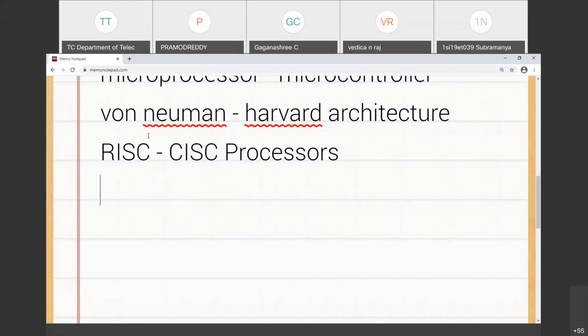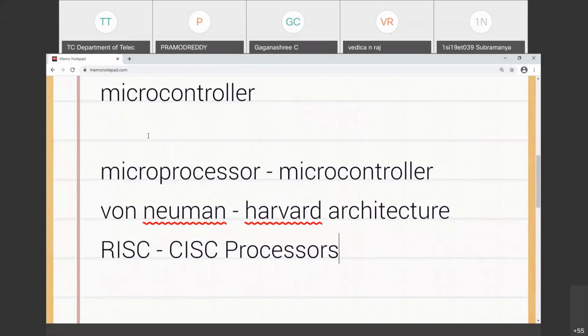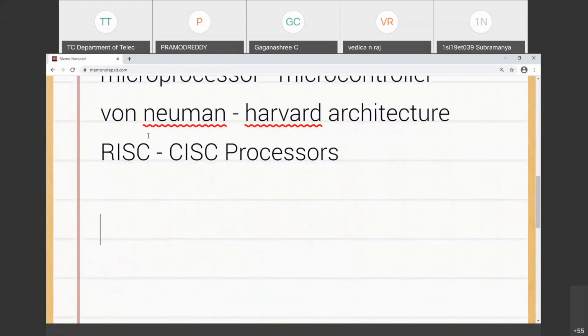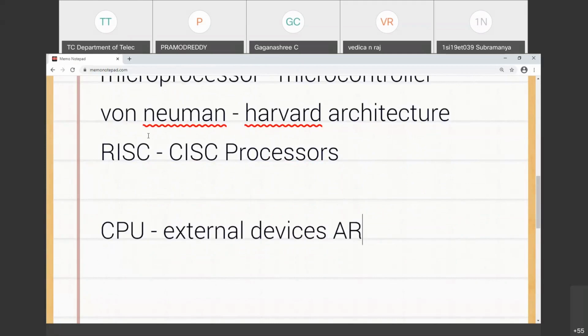Now, all these things are known to us, so there is a common factor. What is that? The CPU with additional devices, which we call external devices, like RAM, ROM, hard disk, etc., forms your microprocessor.